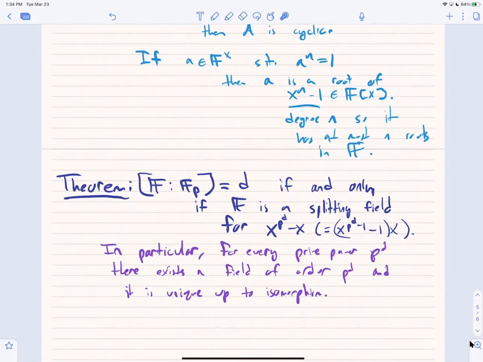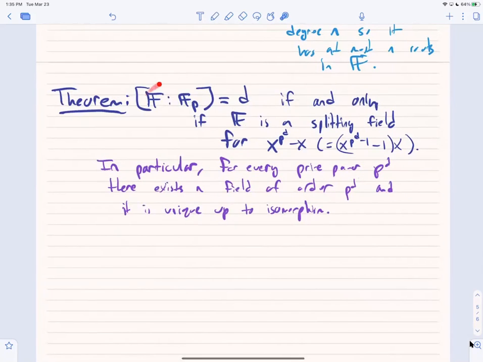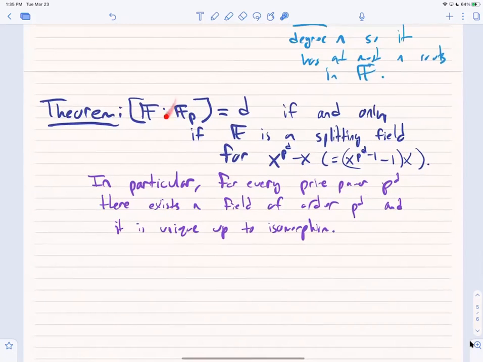And we know any two splitting fields of the same polynomial are isomorphic. Okay, and this is the precise version of the statement. This is what we'll actually prove, and it's probably better to store this precise version in your head, because the other is the consequence you commonly see written down. It's the more conceptual consequence that there's a unique field of every prime power order, up to isomorphism. Okay.